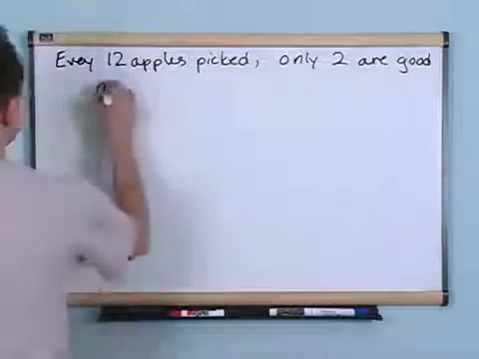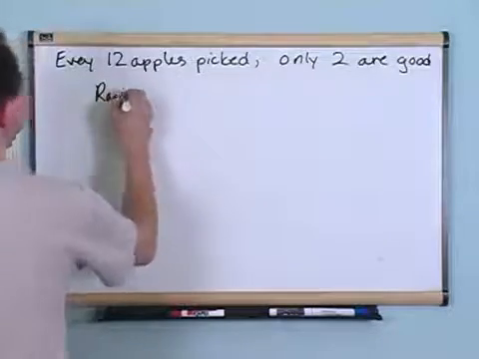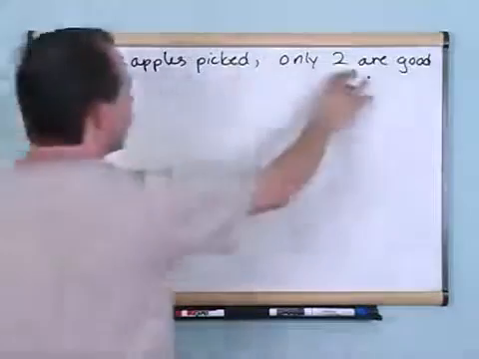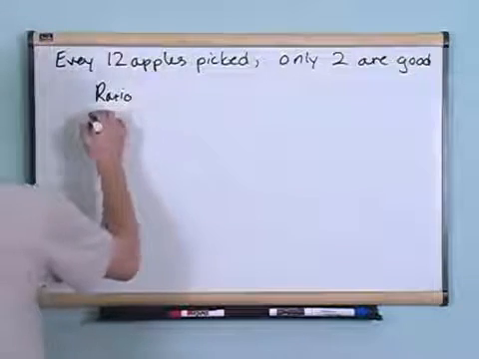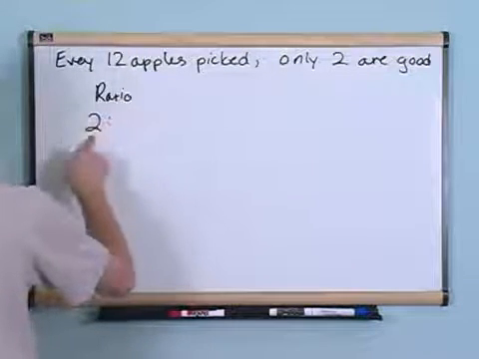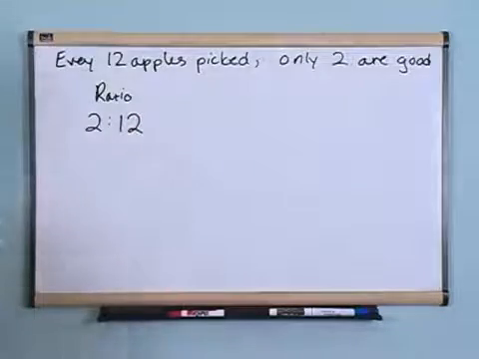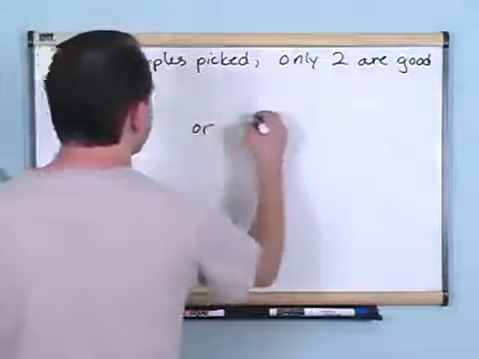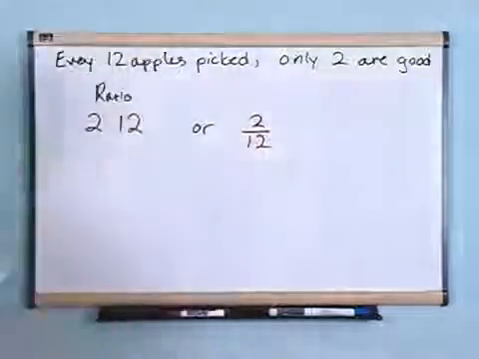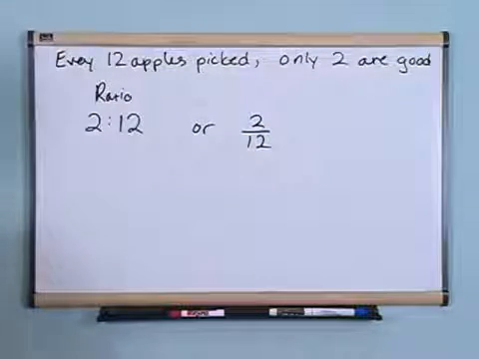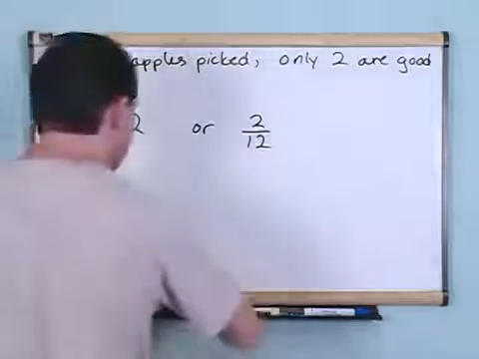So you have a ratio here. You pick 12 apples, only 2 of them are good. The ratio is going to be 2 good apples for every 12 bad apples, okay? You can also write it as 2 over 12, okay? Now, we can simplify these ratios just like we always can, okay?